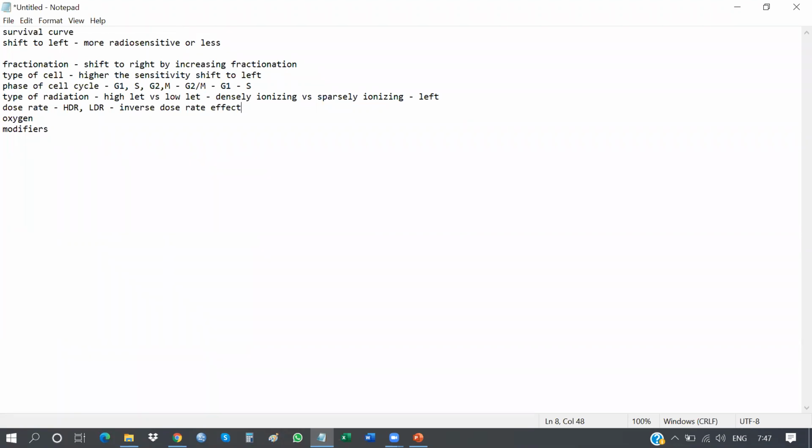Even though we are considering all these concepts separately, phase of cell cycle, type of cell, type of radiation, dose rate, oxygen, modifiers, etc., in reality the cell survival curve is actually an interplay of all these factors. Okay, if one factor shifts it left, another will shift it right, so the result is somewhere in between.